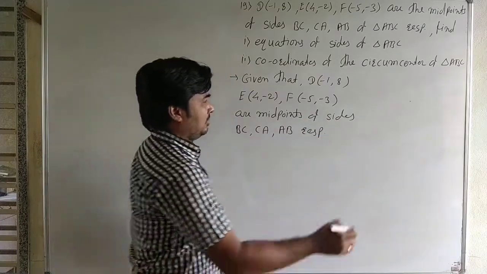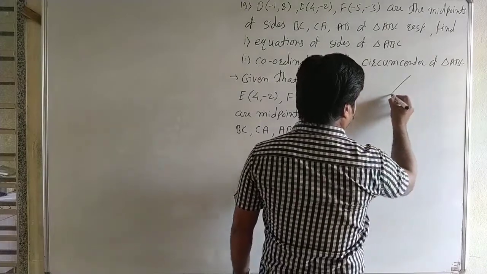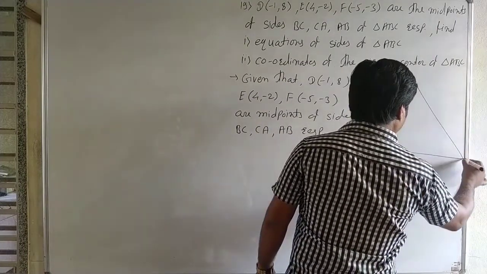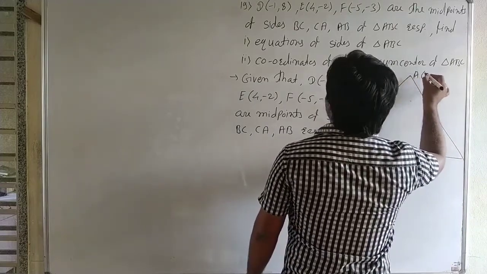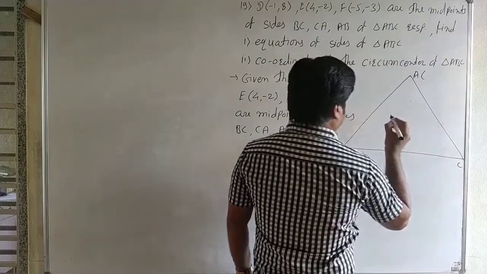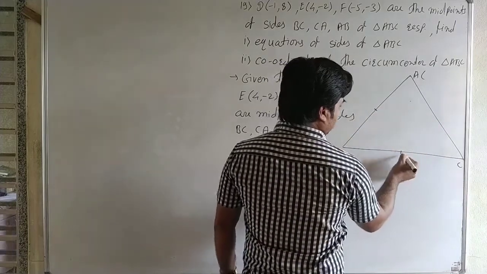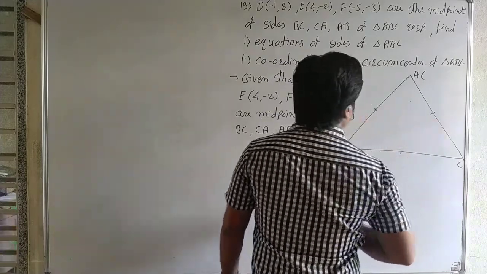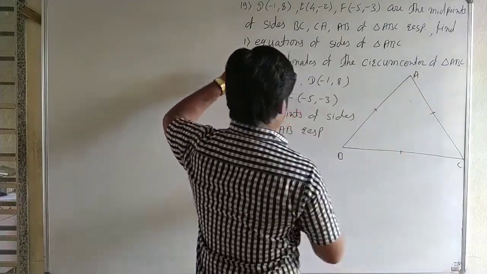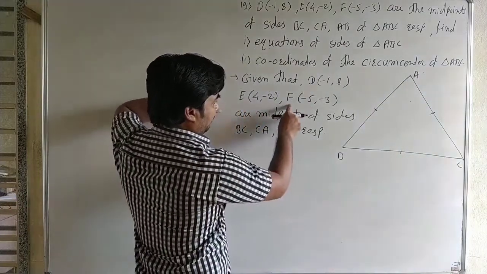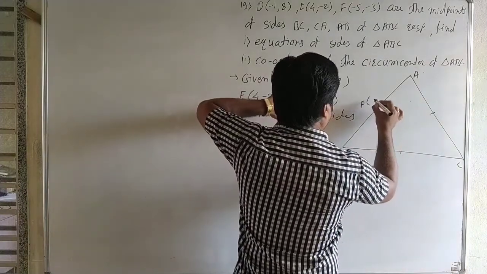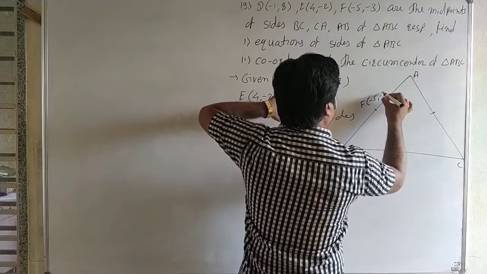Now here is the triangle, it is triangle ABC. Here the midpoint of side AB is F(-5, -3).